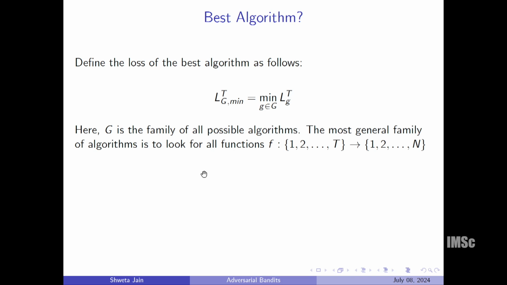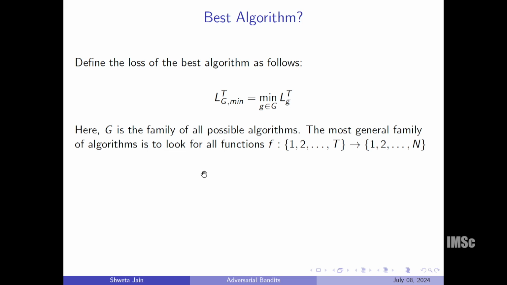How do you define the loss of the best algorithm? Now what I am doing is, we do understand that when we are talking about every possible combination, we cannot hope to achieve better. So what we define is some kind of algorithmic class. I am assuming that the algorithm I am choosing will come from some class or family G, and the most general family of algorithms is to consider all possible functions.